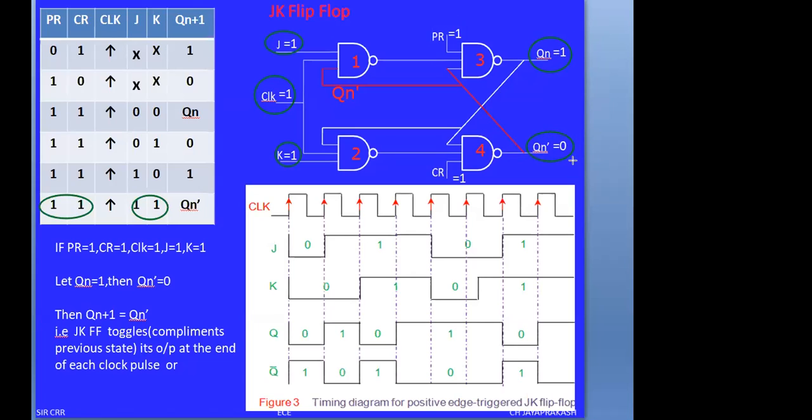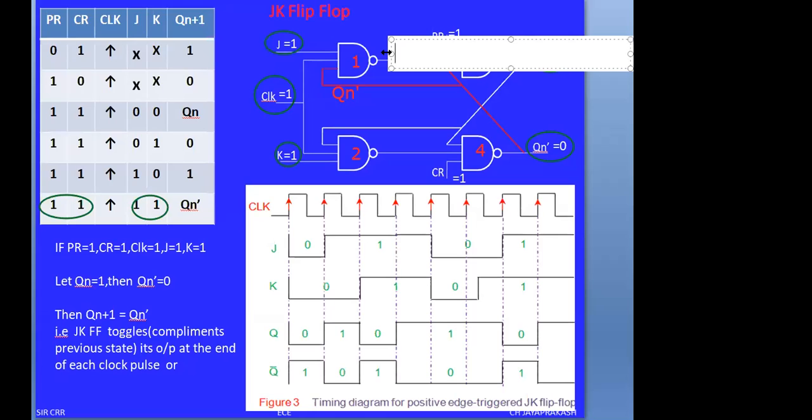I am assuming these two conditions are the present state conditions for the JK flip-flop: Qn equals 1 and Qn bar equals 0. Now this Qn bar is connected to NAND gate 1. That is, this 0 is given to NAND gate 1. Therefore, the output across NAND gate 1 equals 1.